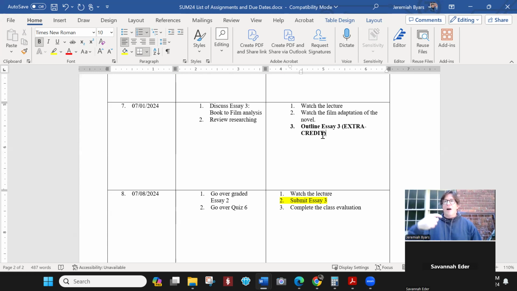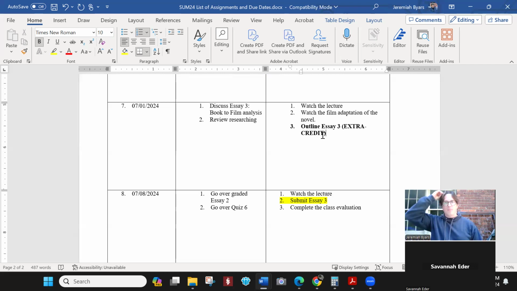Now, I am going to still give you an outline of the way I expect essay 3 to be organized. I'm still holding you accountable to it being organized the way that I lay it out for you. And I'm telling you right now, the main reason I do that is because it reduces cheating.